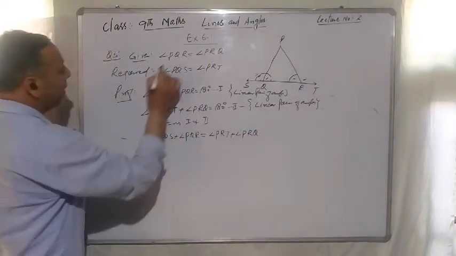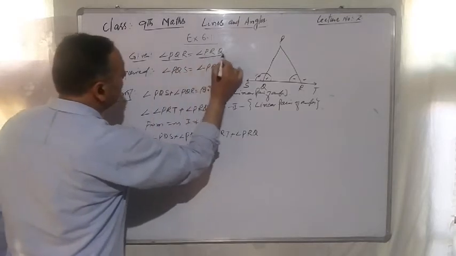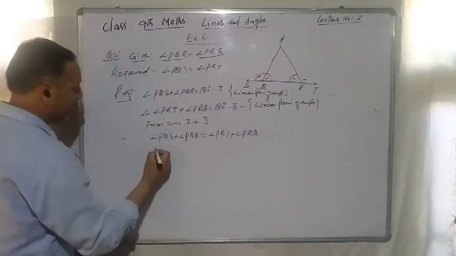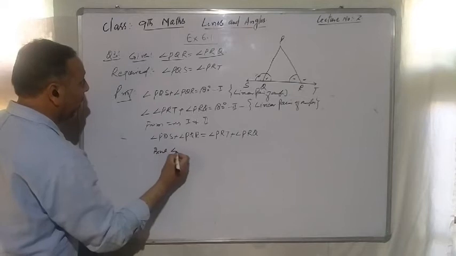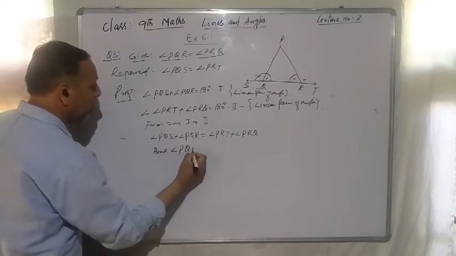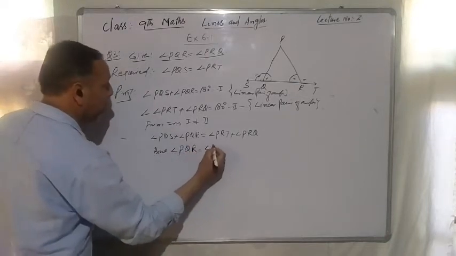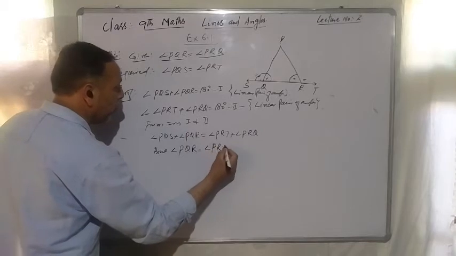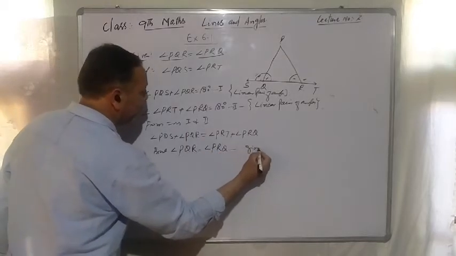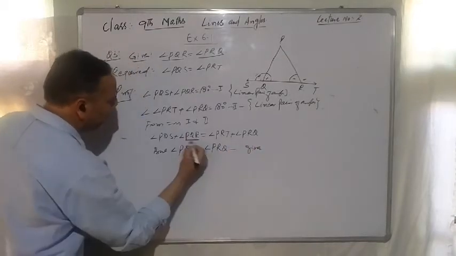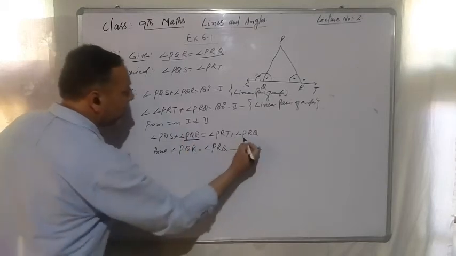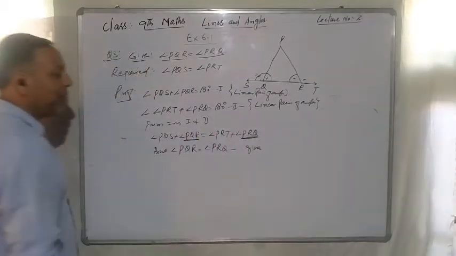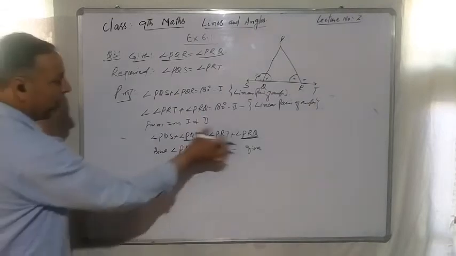But it is given that angle PQR is equal to angle PRQ. So this angle PQR and angle PRQ, they are equal. Therefore, they cancel each other.